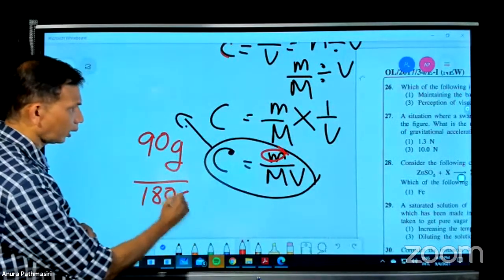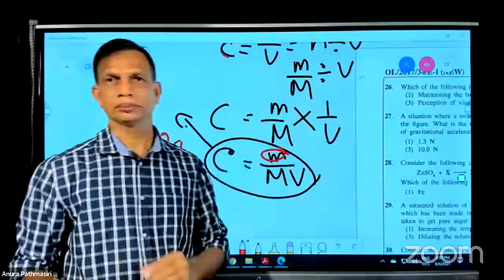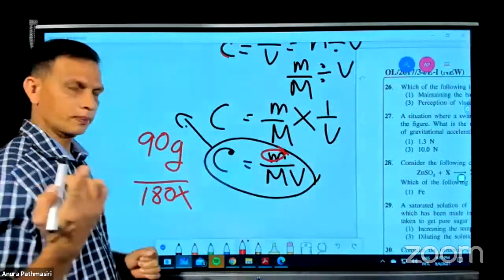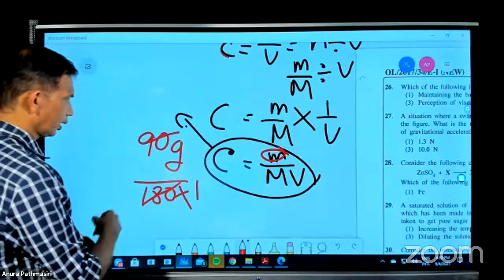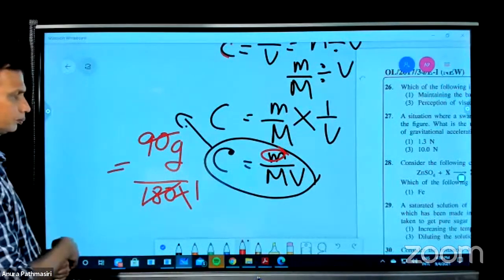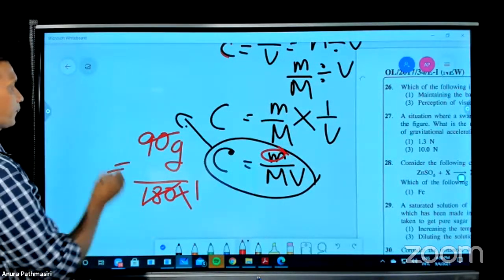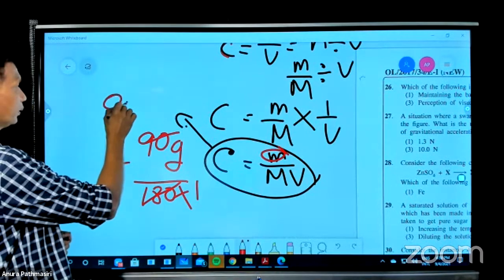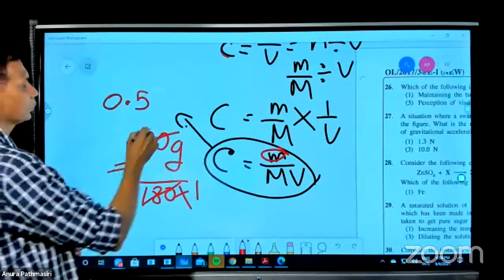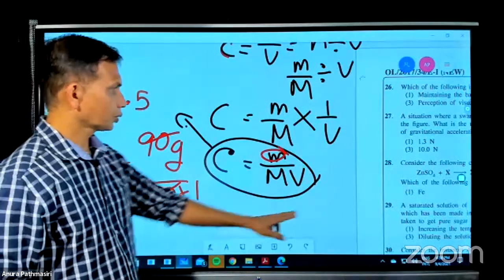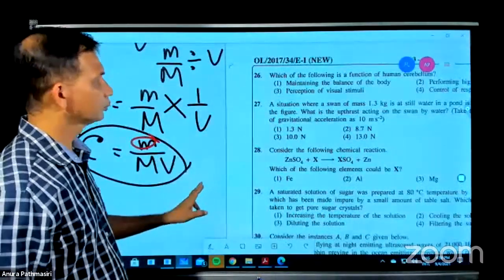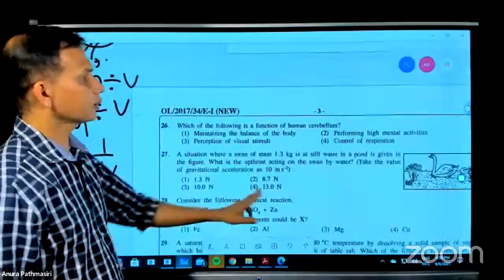And what is the volume? 1 cubic decimeter. So then what is the answer? 0.5. 0.5 what?